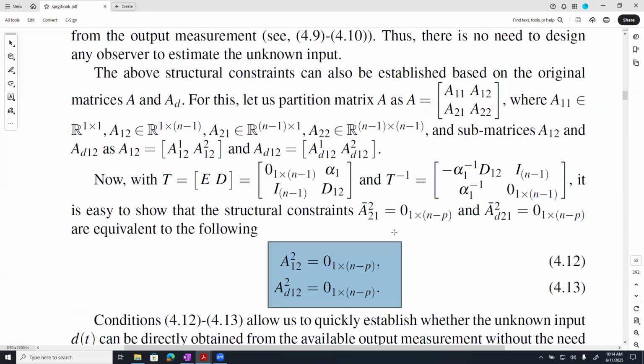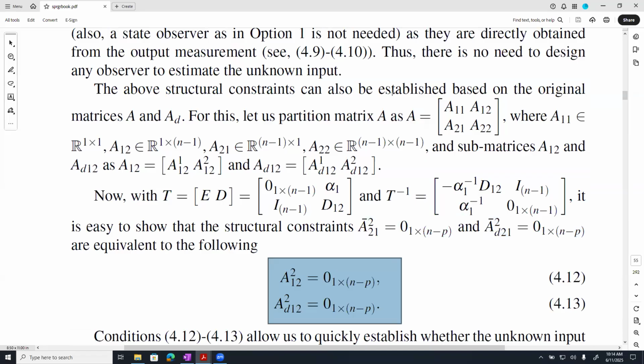So what happens here is that when we look at the original matrix I, we partition according to the first row, which is this element here, and this row matrix here, which is then further partitioned into submatrices.